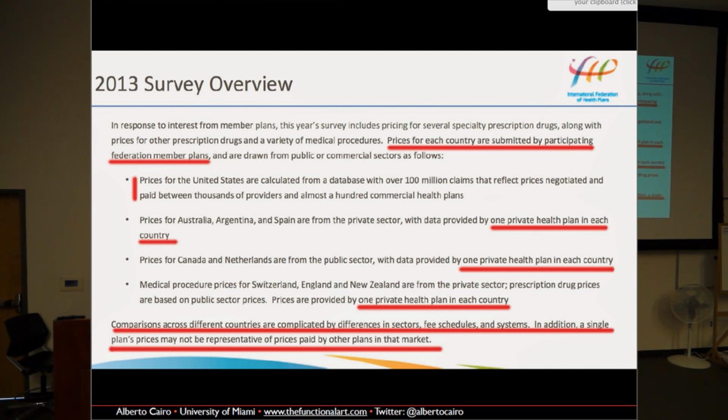The journalists who created this story didn't pay enough attention to the fact that the data are not really comparable, because you are comparing a huge data set with just one provider for each one of those countries. The other thing they didn't pay attention to is that the circumstances of each country also affect those prices.